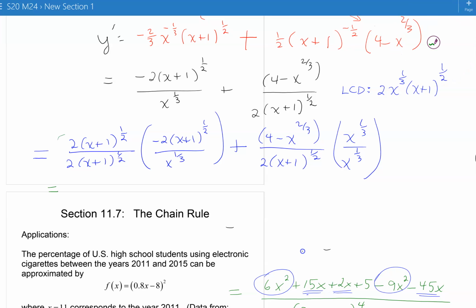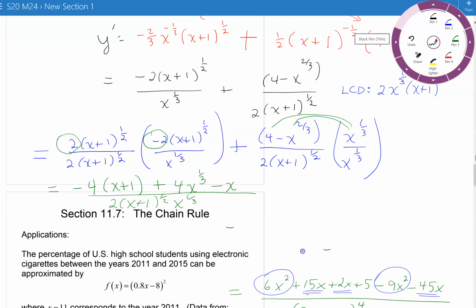So I'm going to have this 2 times this -2, so -4. Then x plus 1 to the 1/2 times x plus 1 to the 1/2 is x plus 1. Plus, I'm going to go ahead and distribute and get 4x to the 1/3 minus x, add the exponents, over 2 times x plus 1 to the 1/2, x to the 1/3.